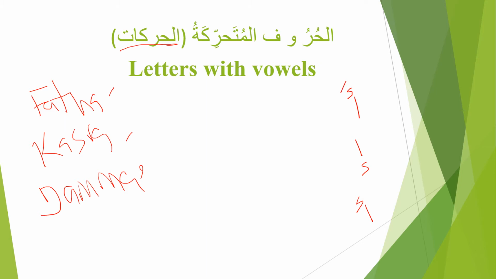When you put fatha on it, it's a; kasra, i; and dhamma, u. So you can see here Alif with Hamza, fatha, a; Alif, kasra, i; Alif, dhamma, u. These are examples of letters with harakat, al-huruf al-mutaharrika.